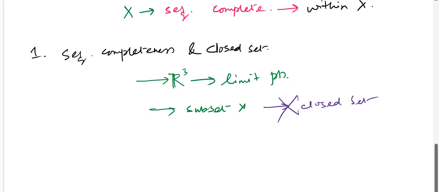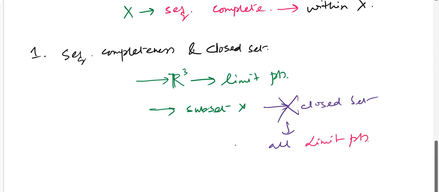In this case, property S directly implies that any Cauchy sequence within X has its limit point in X. Therefore, X contains all its limit points.